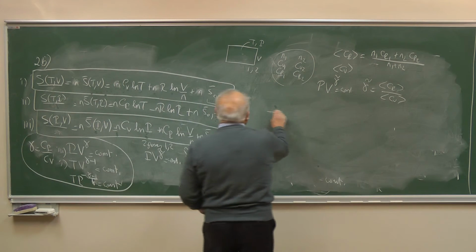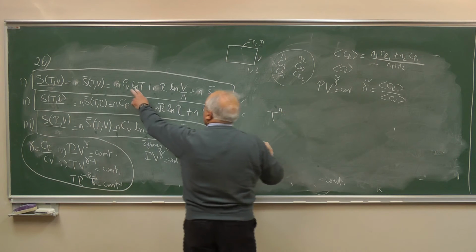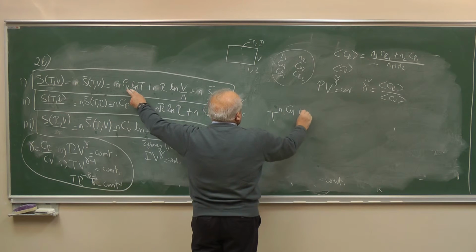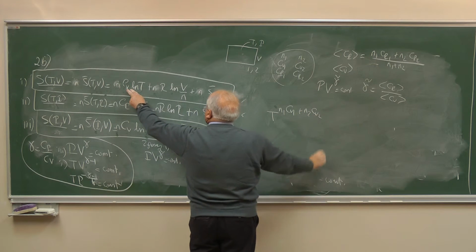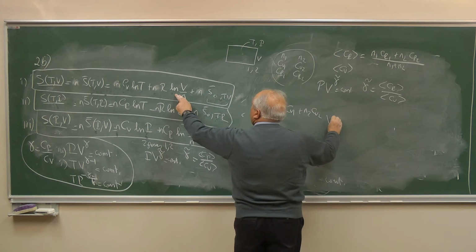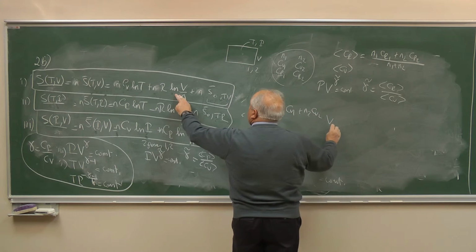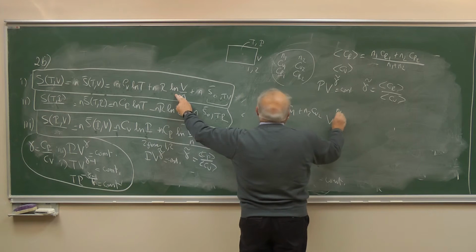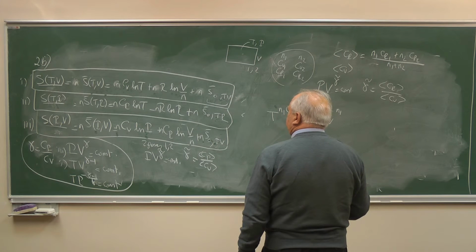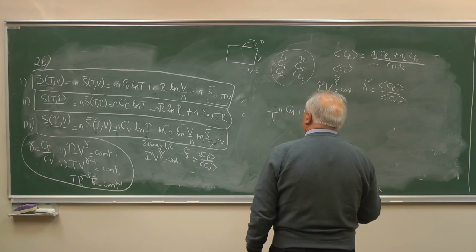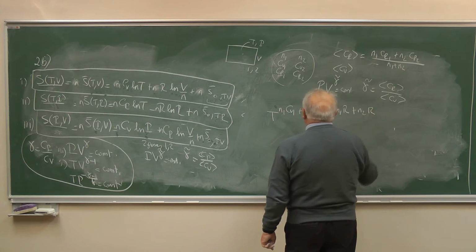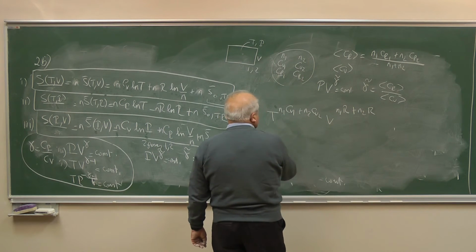So T to the power (N1 CV1 plus N2 CV2) times V to the power (N1 R plus N2 R).